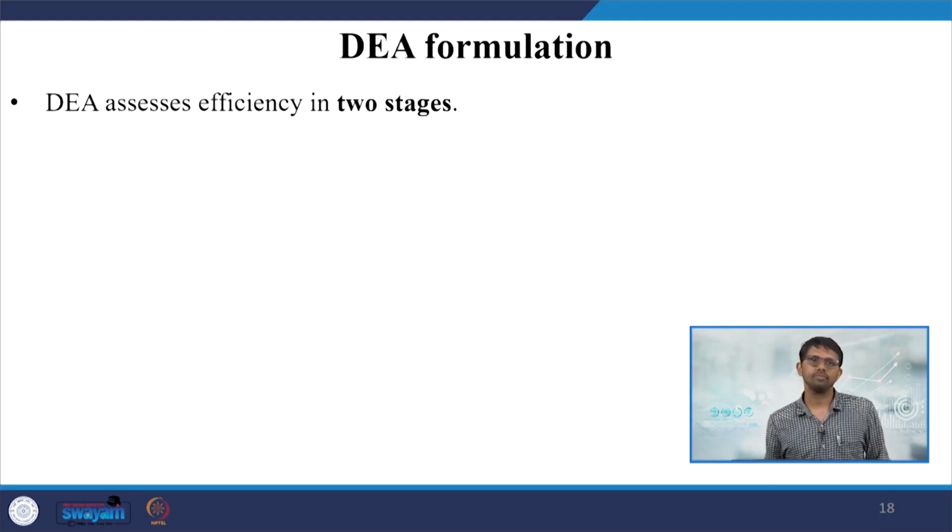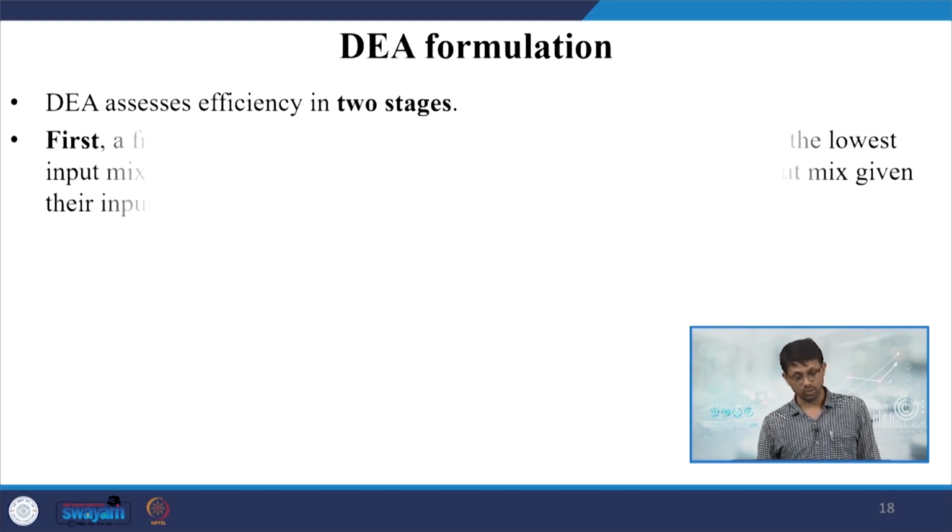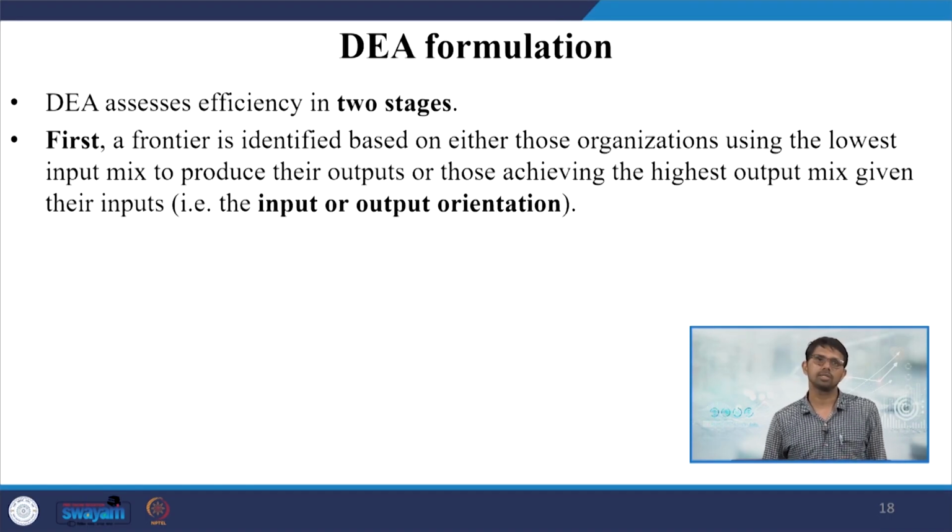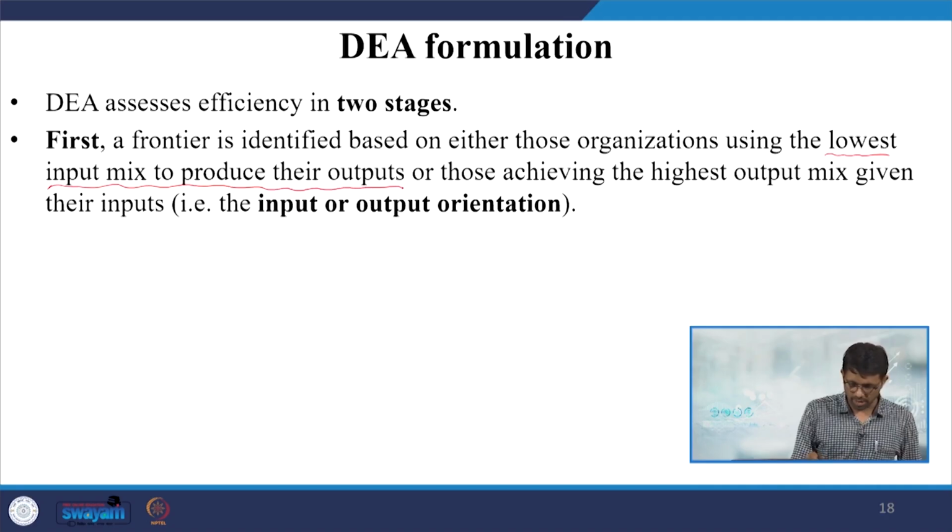DEA assesses efficiency in two stages. First, a frontier is identified based on either those organizations using the lowest input mix to produce their outputs, or those achieving the highest output mix given their inputs. So it is basically the lowest input mix to produce the target output, as we usually do.